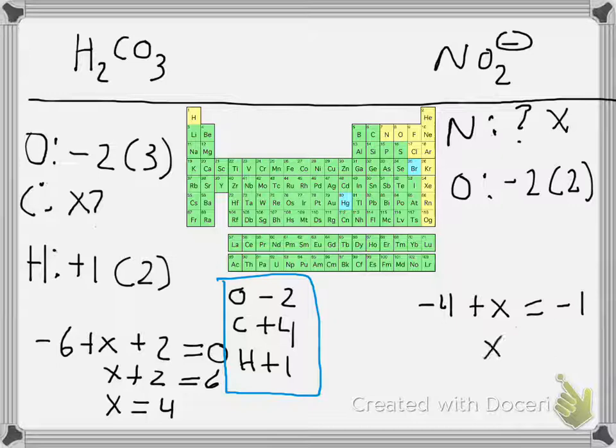If X equals +3, then the oxidation state of nitrogen also has to be +3. So oxygen has -2, and nitrogen has +3. And I'll box that just like the other one before we move on to the last example.